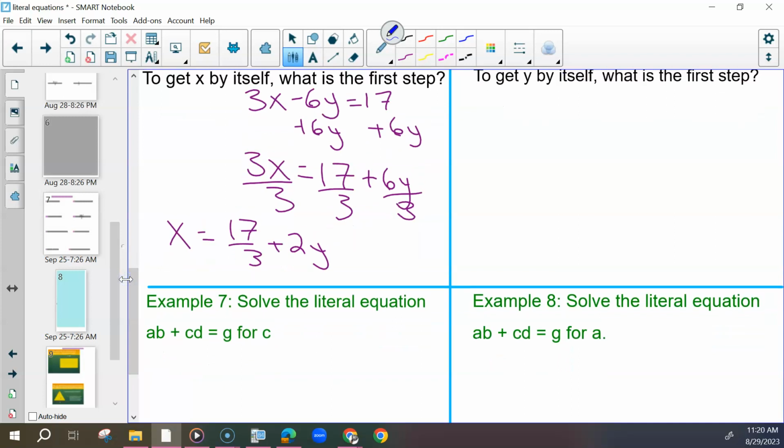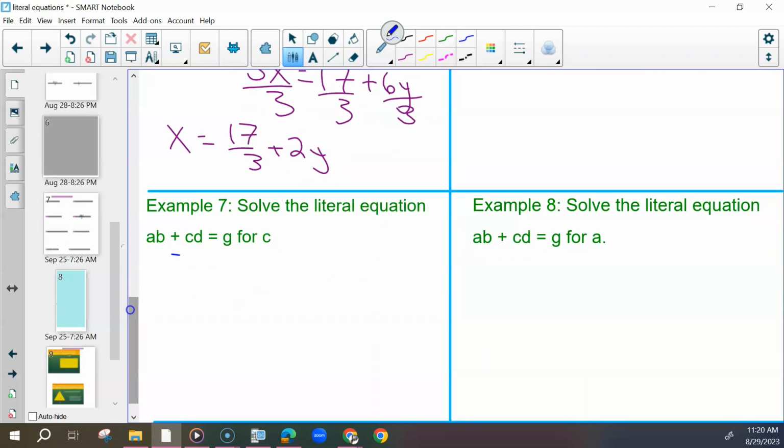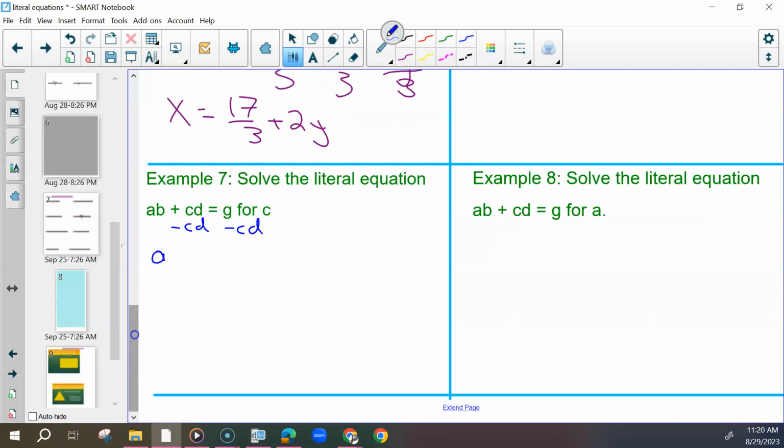Think about what we did here. And what would we do here? Subtract CD. We have AB equals G minus CD. So kind of like the same thing as before. And then, I didn't circle this.